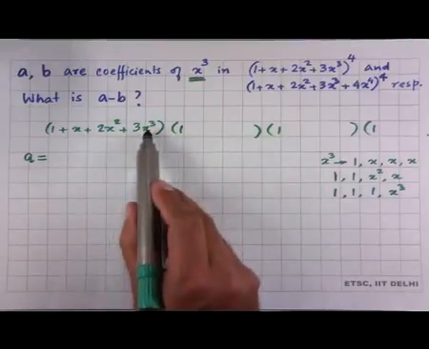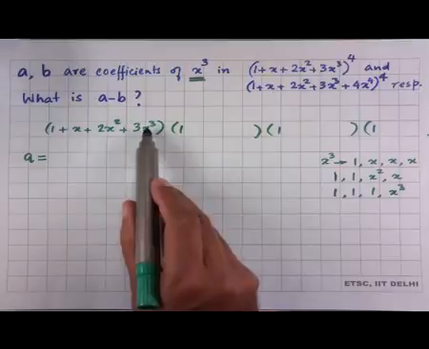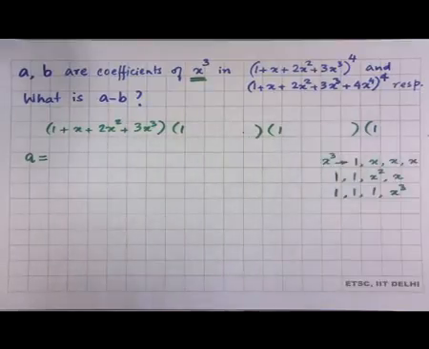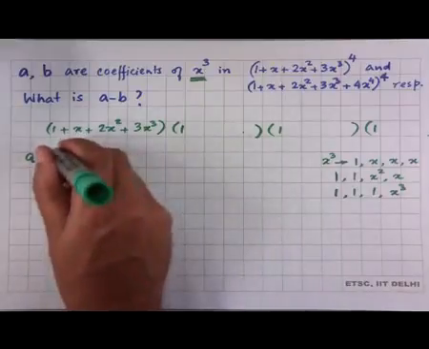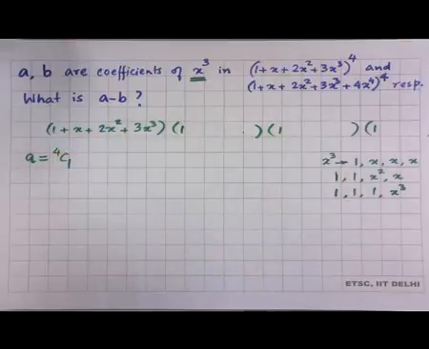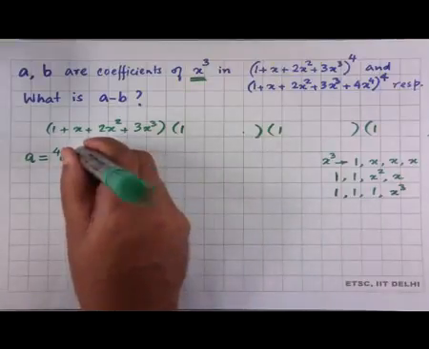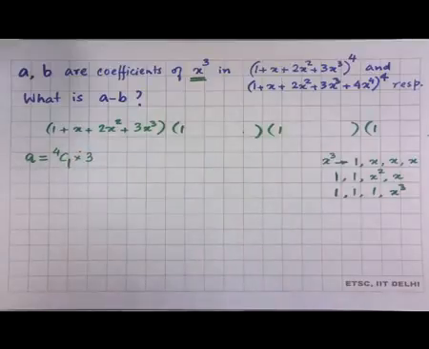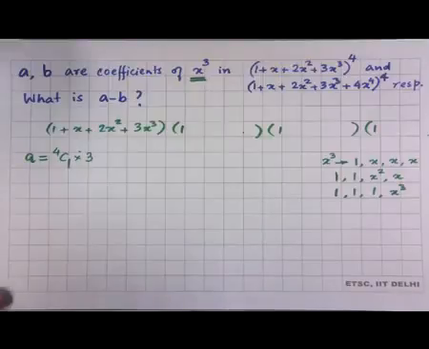How many ways can you pick x cube? I can pick this one, I can pick this one or this one. 4 choose 1 ways to pick the 3 x cube term. Right, 4 choose 1 ways to pick the 3 x cube term, right. All the other terms have to be a 1.